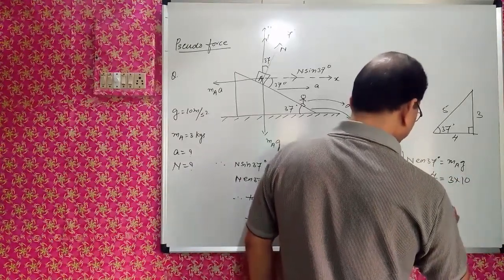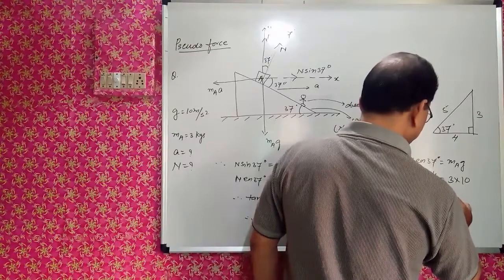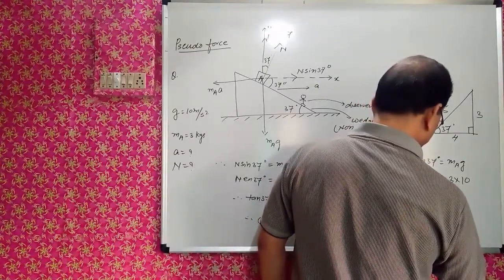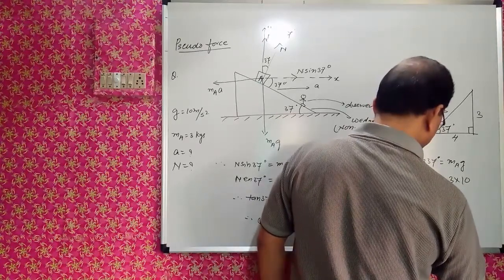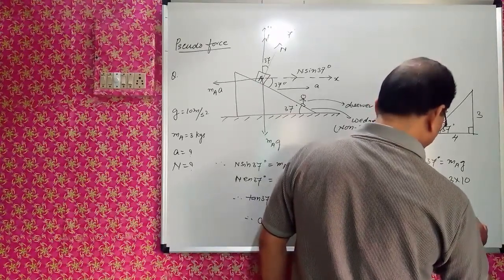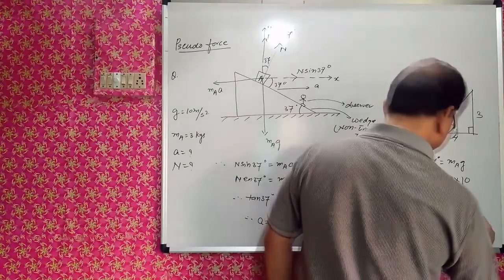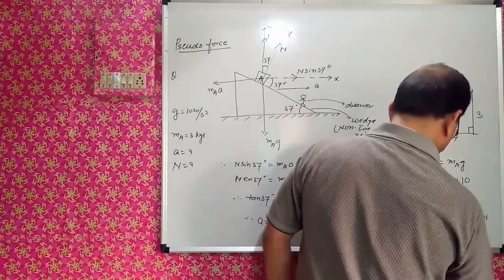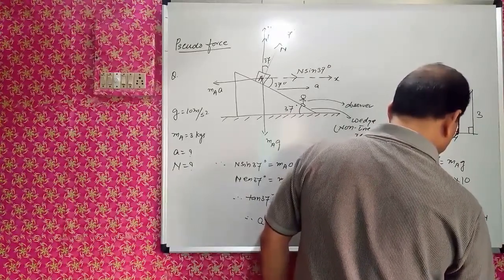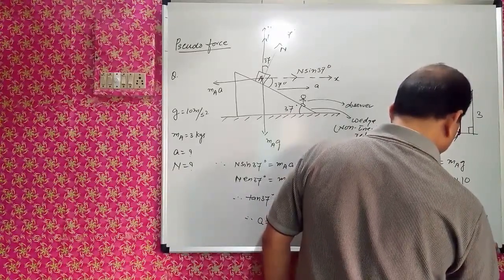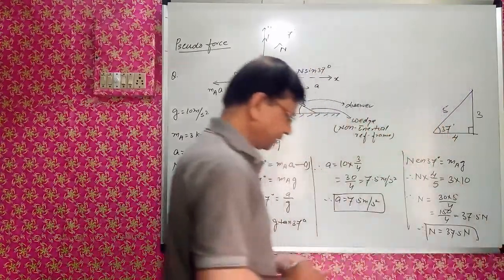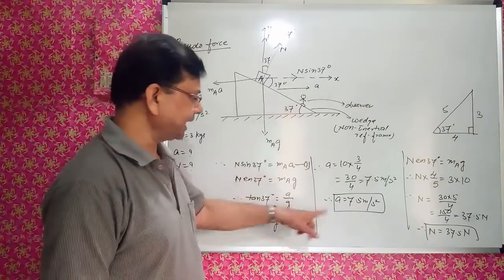That is, N is equal to 30 into 5 by 4, that is 150 by 4. Therefore, N is equal to 37.5 Newton. This we got. So we got the normal reaction as well as the acceleration of the wedge.